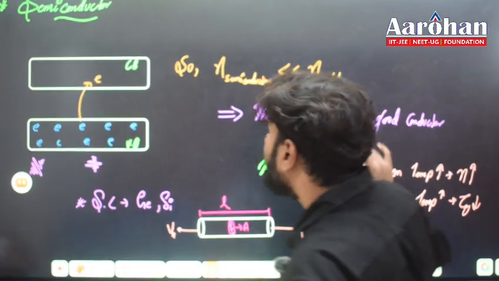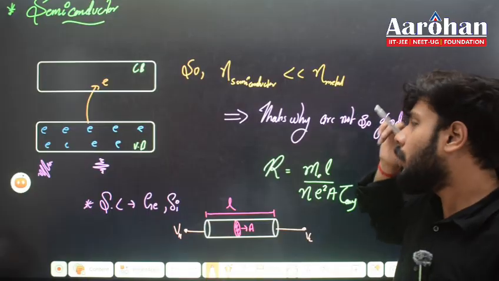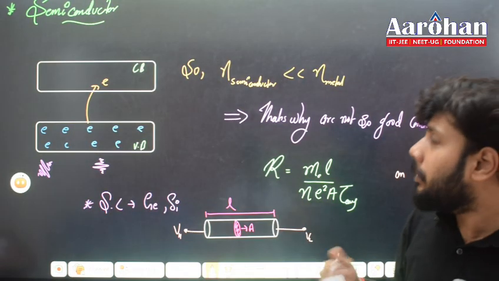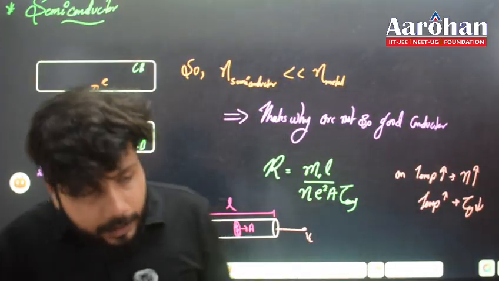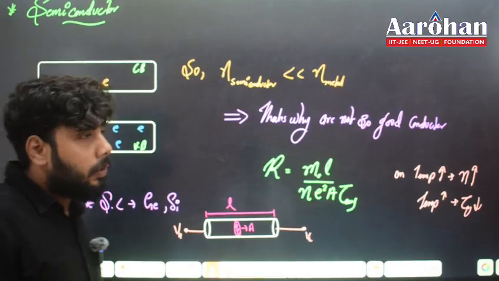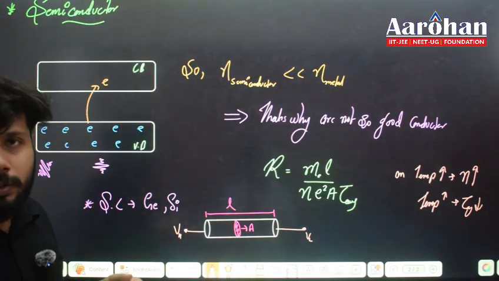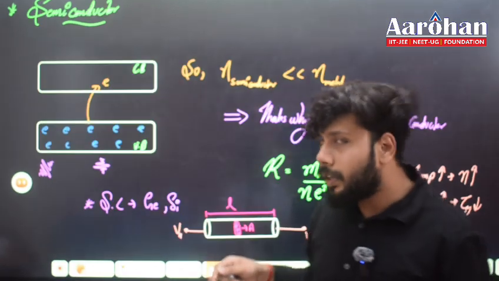You can also do an experiment to verify what I'm saying. Just buy one LED. The LED has polarity, a cathode and an anode, and if you put it in reverse polarity, there will be no conductivity.